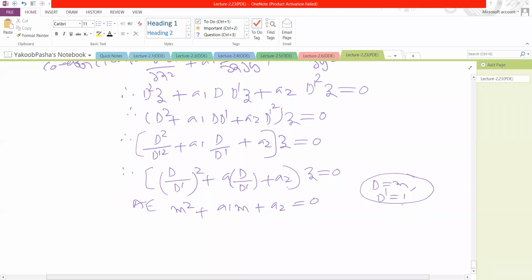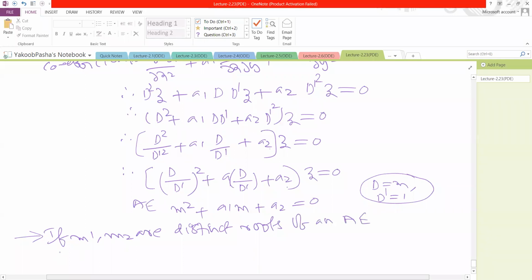If m1, m2 are distinct roots of an auxiliary equation, then we can write the complementary function CF as f1 of y plus m1x plus f2 of y plus m2x, when the roots m1 and m2 are distinct real numbers.